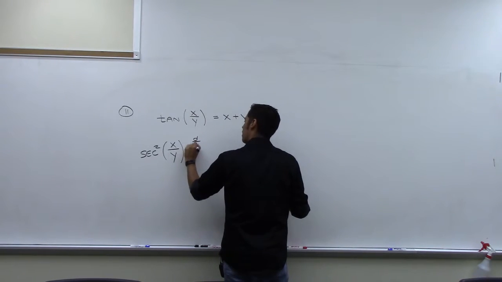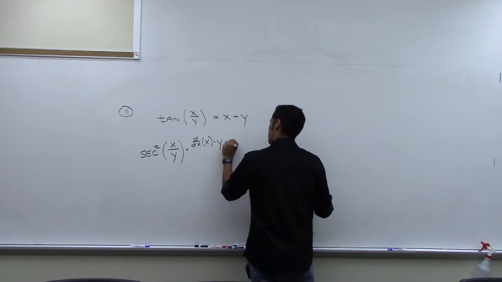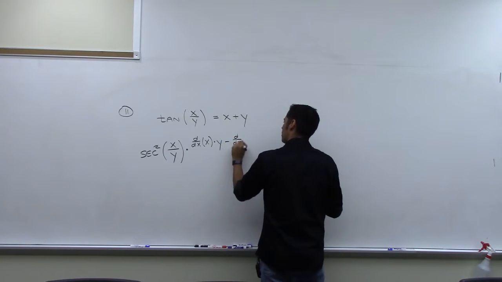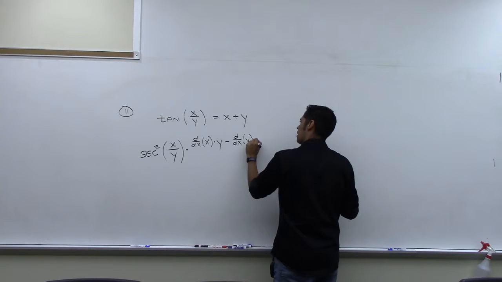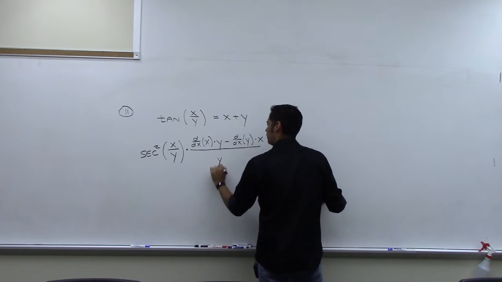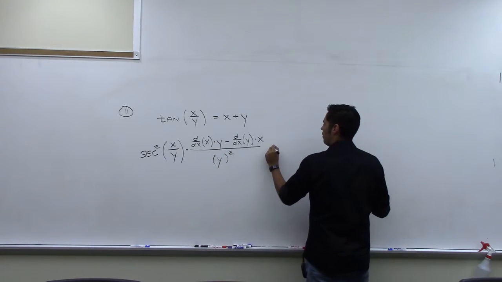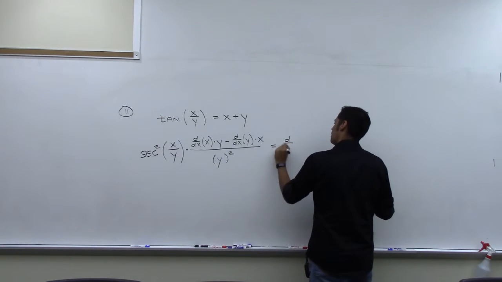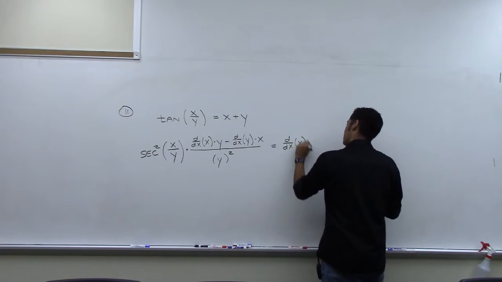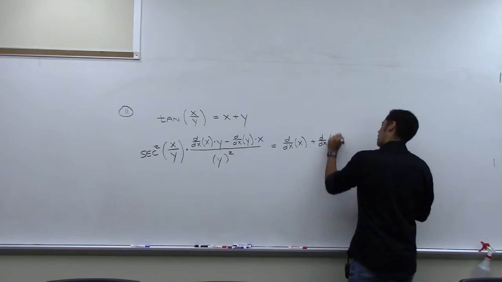The derivative of the top times the bottom minus the derivative with respect to x of the bottom times the top all over the bottom squared. That'll finish off the derivative of the left side. Derivative of the right side, since there's two terms, I'm just going to do derivative of each one separately. Like that.